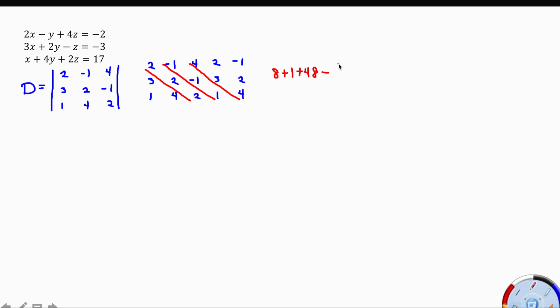And then it's going to be minus -1 times 3 times 2, plus 2 times -1 times 4, plus 4 times 2 times 1.